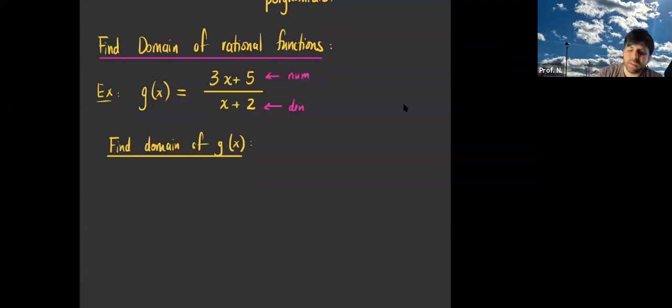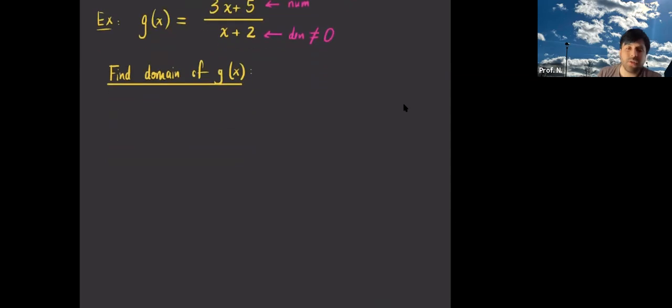What's a bad scenario for this function? Because it's a fraction, the denominator can never equal 0. That's one thing you always have to highlight. The denominator can never be 0, because there's no such thing as some number being divided by 0. We don't know what that is, so it's undefined.